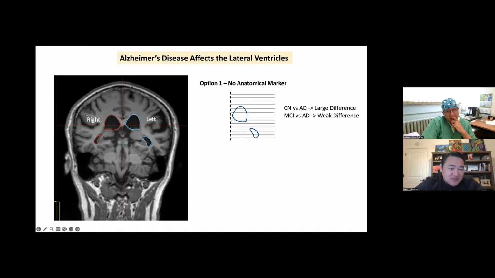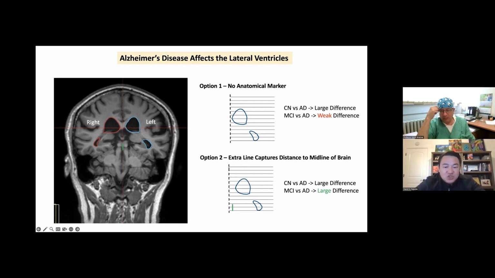So what I did was add an anatomical marker, this green line right here on the midline. In every patient, I added this green line of the same length, always in the same objective position: it's on the midline, and it shares the same base as the bottom of the object I'm measuring. What this does is shift the reference line, the dotted line, to the left of the green line.